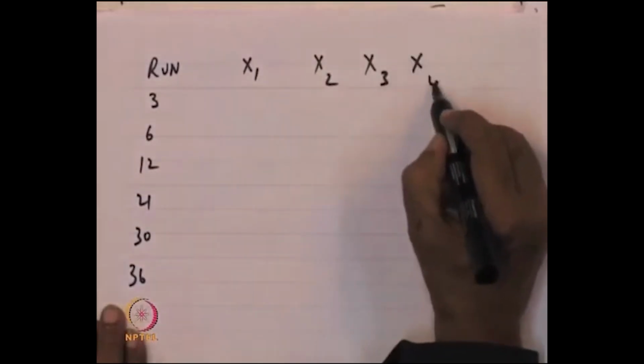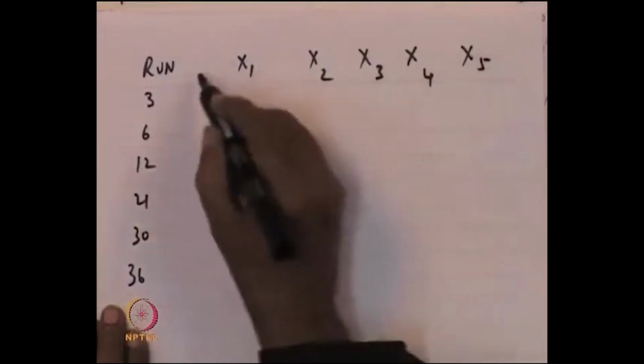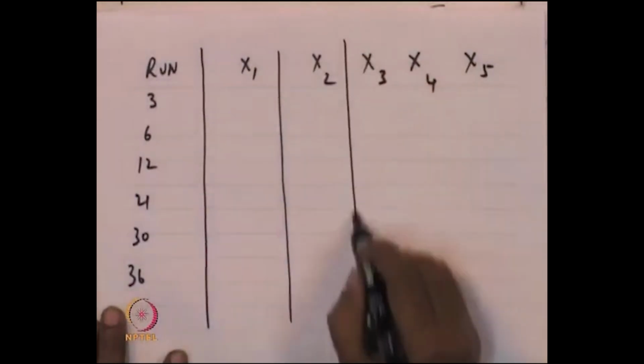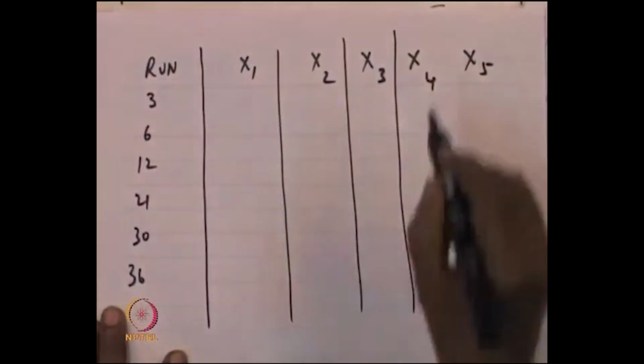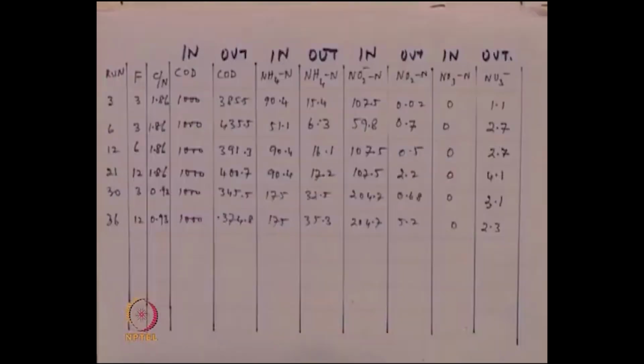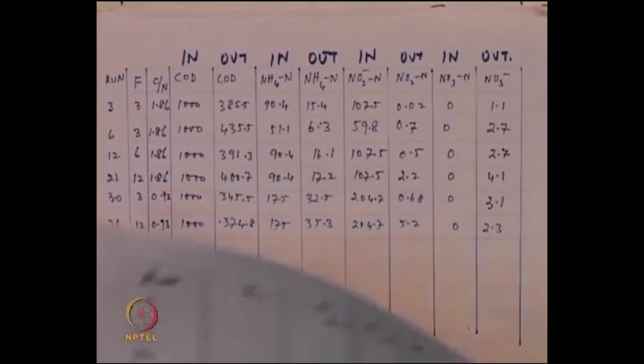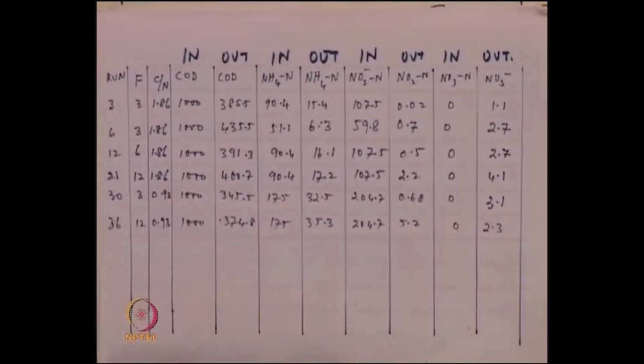I want to write x 4, x 5 also. I want to get all the numbers from you. Run 3, 6, 12, 21 and 36. X 2 you can read out, x 3 you have to calculate, but anyway you please tell me the answers. So, we can go one by one.